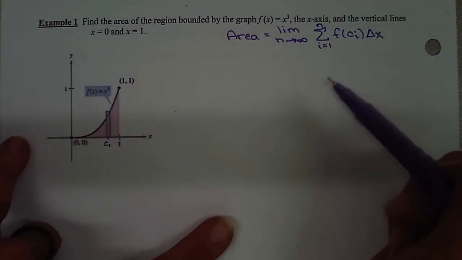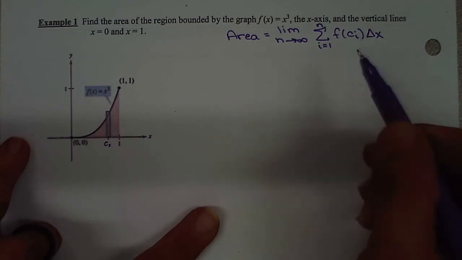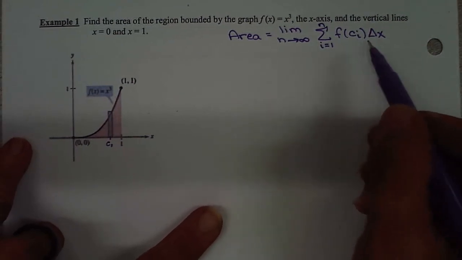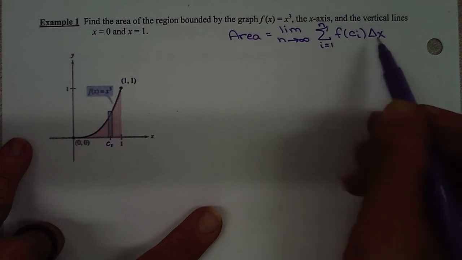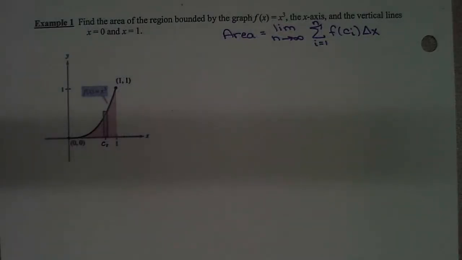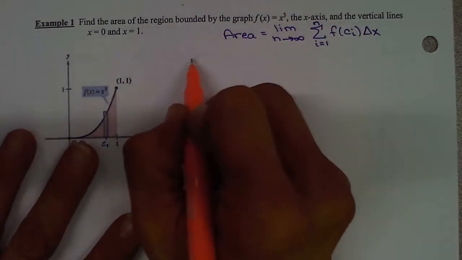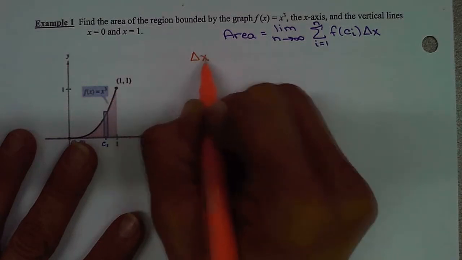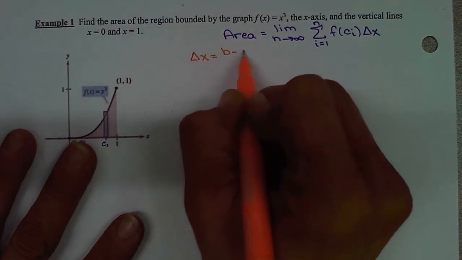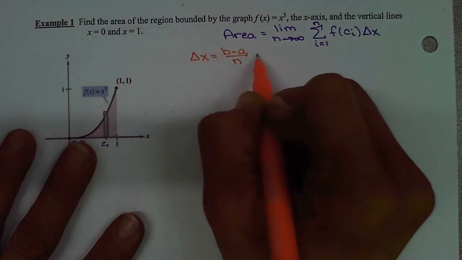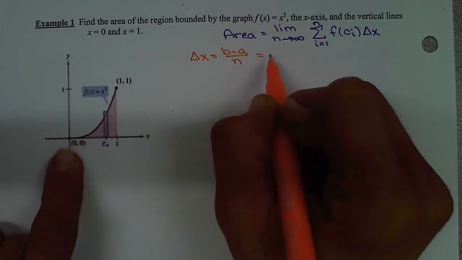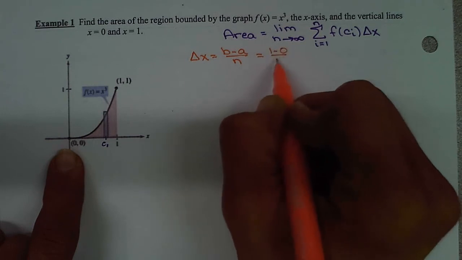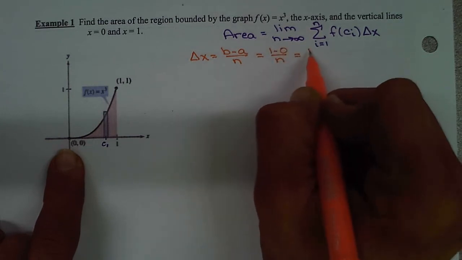All right, so the first thing that you need to do when you do problems like this is figure out what our c sub i is equal to and what our delta x is equal to. So if I start with delta x, I know that my change in x is always going to be b minus a over n. In this case, my b and my a are 1 and 0, so 1 minus 0 over n, which is just going to be 1 over n.